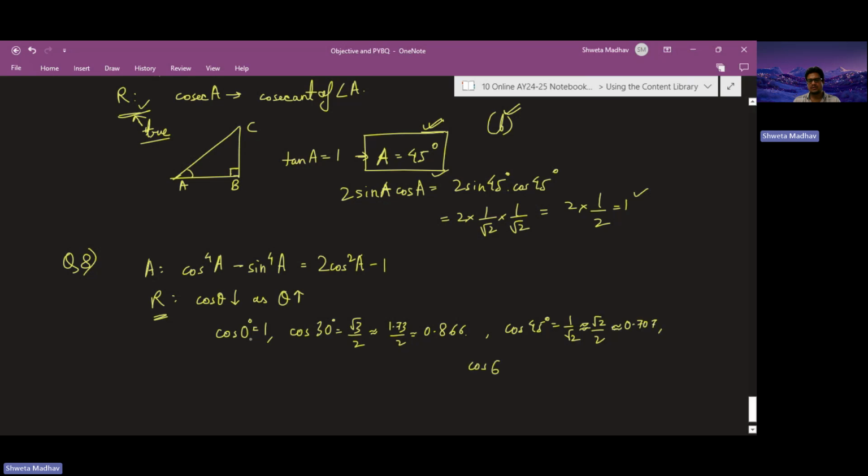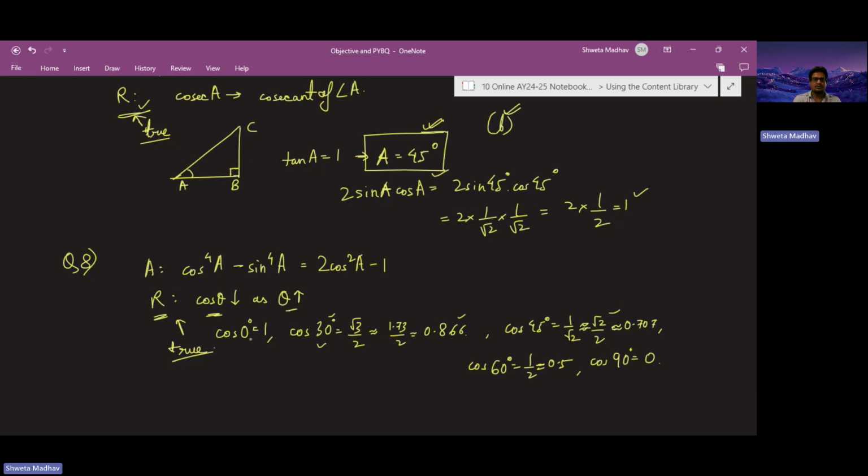And cos 60 degree is 1 by 2, means it is 0.5, and cos 90 degree is 0. So as you can see, as the angle increases, the value of cos will decrease. So the reason is true.